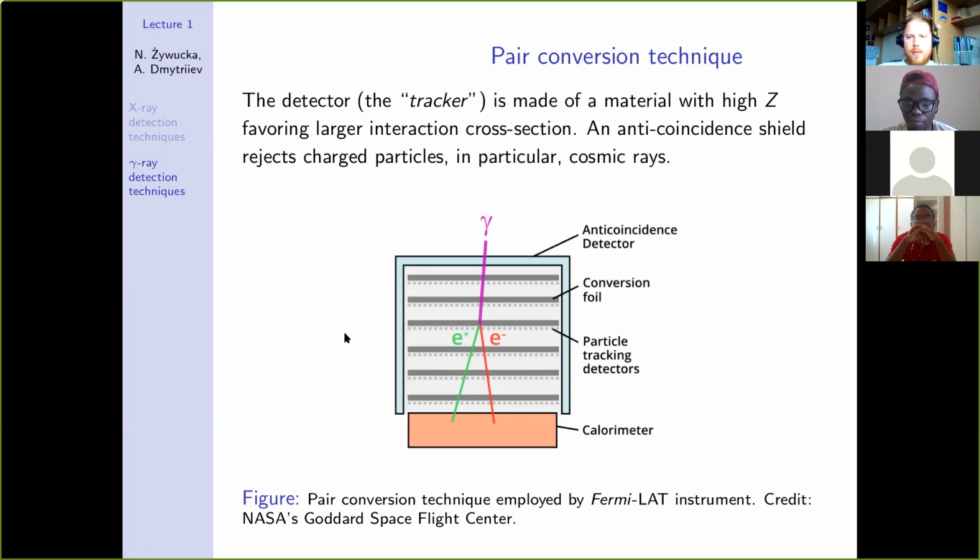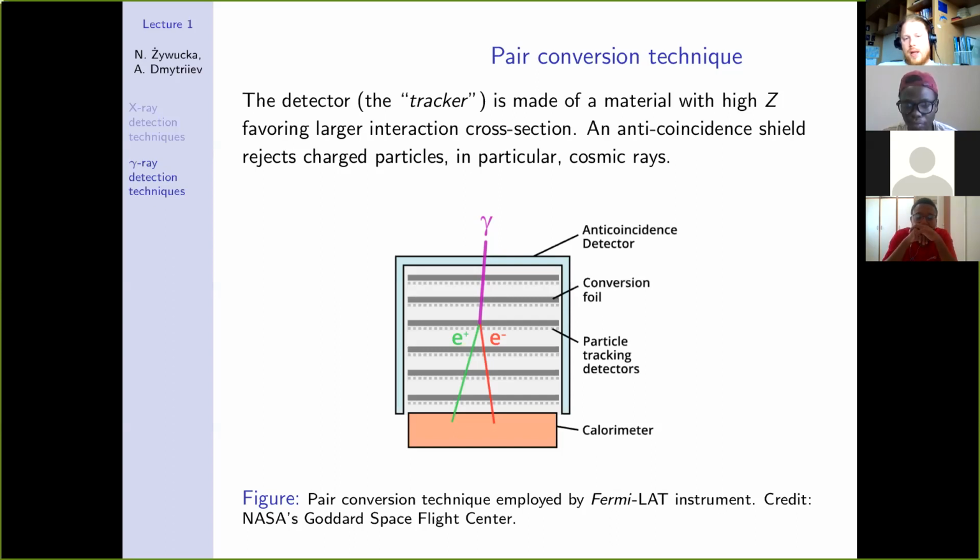When the gamma ray energy is much higher than the electron rest energy, which is 511 keV, writing down the momentum conservation law and energy conservation law, you will find that the angle between the electron and positron, which are going aside, will be decreasing with the energy of the gamma ray. The kinematics rules, so for higher energy gamma rays you will have lower and lower angles, more or less twice the electron energy divided by the energy of the gamma ray, in radians.